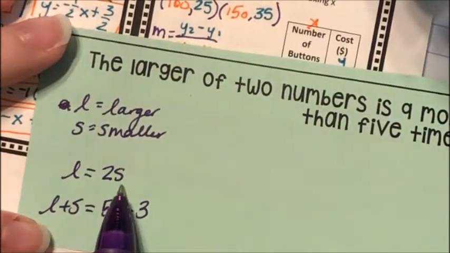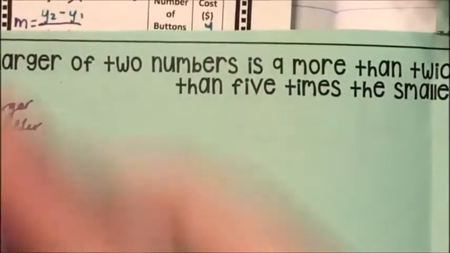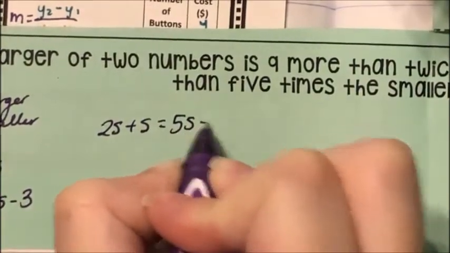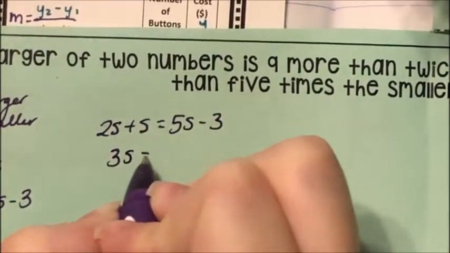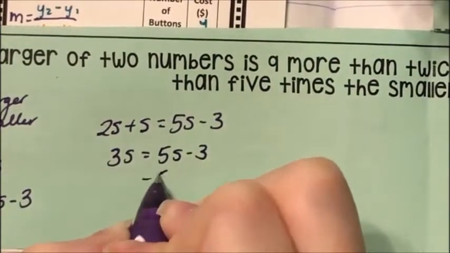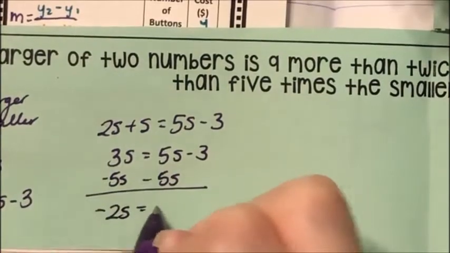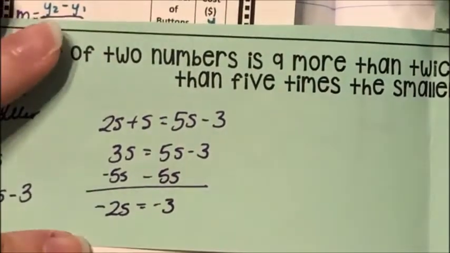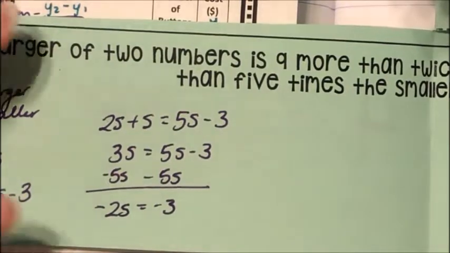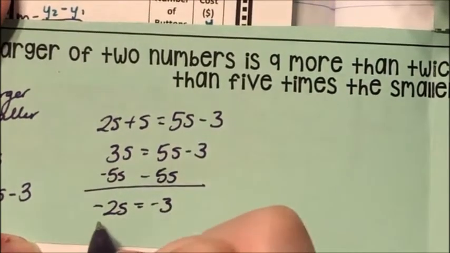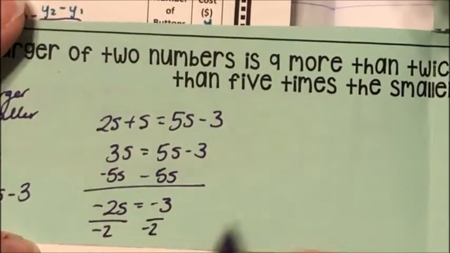So I'm going to take this equation and plug it in for L. When I do that, 2S plus S equals 5S minus 3. So this gives me 3S equals 5S minus 3. Subtract 5S from both sides. I get negative 2S equals negative 3. Divide by negative 2.